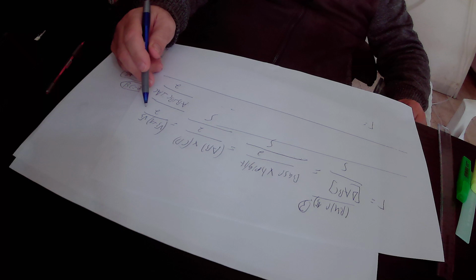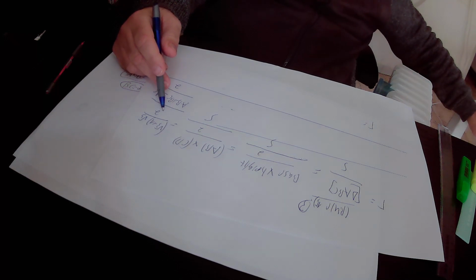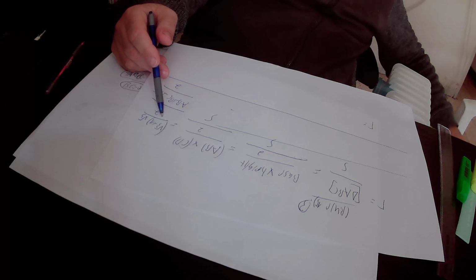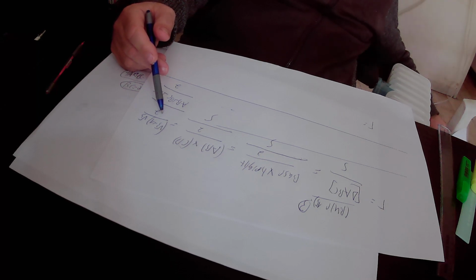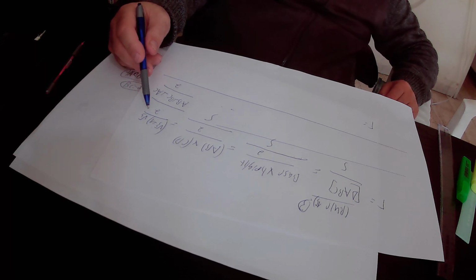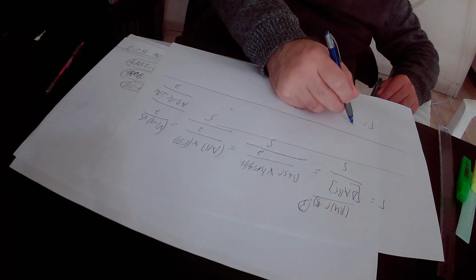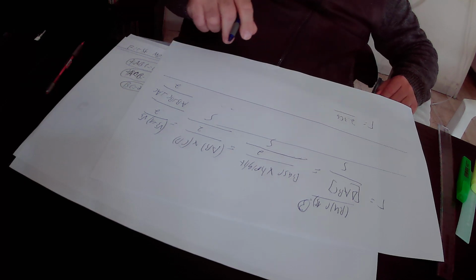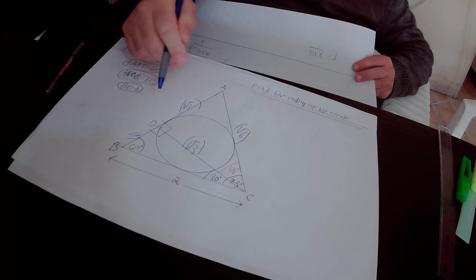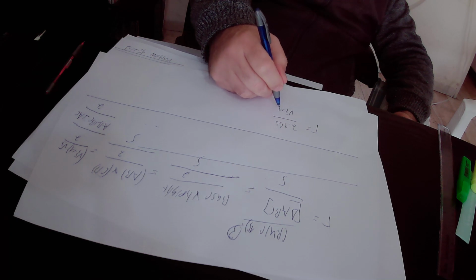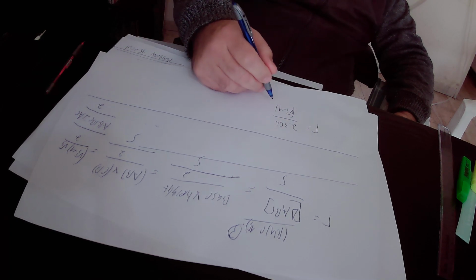Here the value of this expression, that is to say, the area of triangle ABC, is 2.366 square units, over AB, which is square root of 3 plus 1, plus BC.